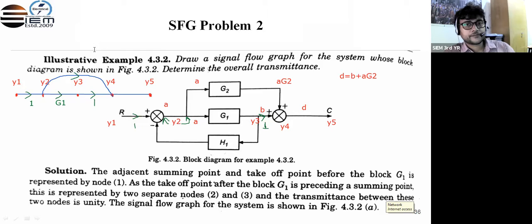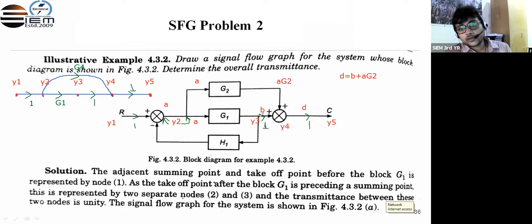Then y4 to y5, what is the value? This is 1, so you write this one in the same direction, you put the value, it is 1.